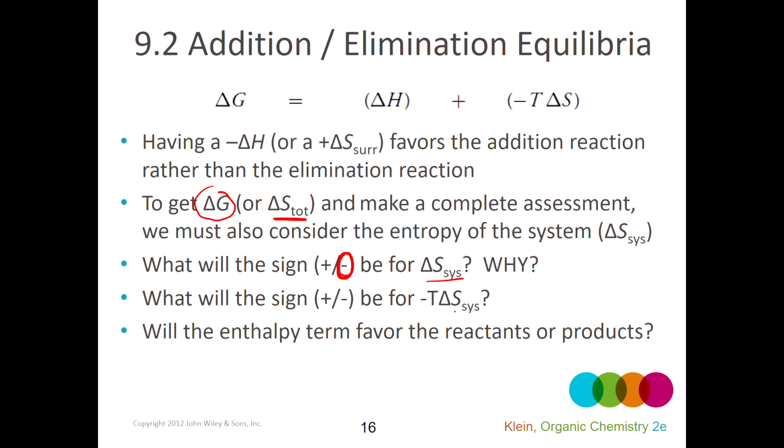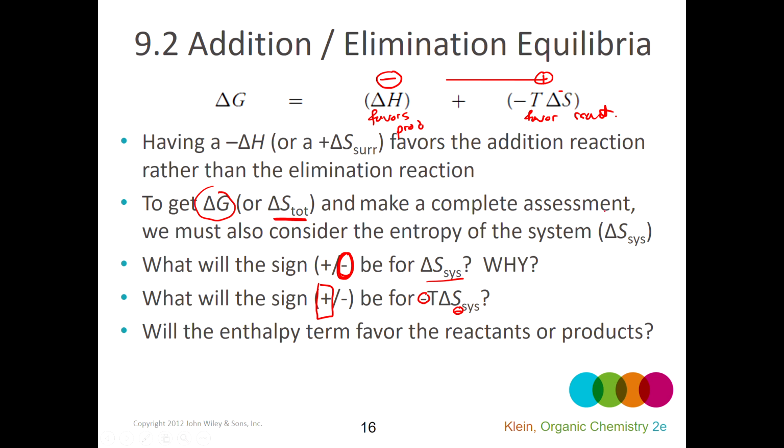So while delta S is negative, a negative times a negative gives a positive value for the negative T delta S term. So the enthalpy term favors the products. The entropy term being positive overall, once we factor in the negative here and times the negative there, that favors reactants.